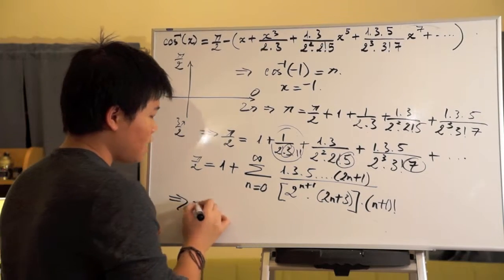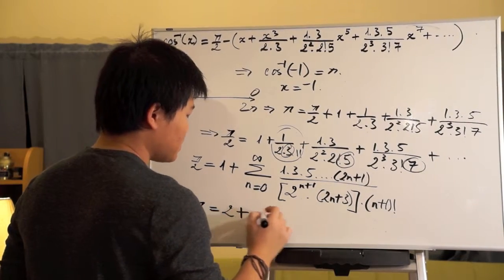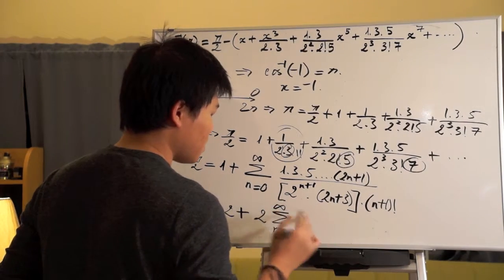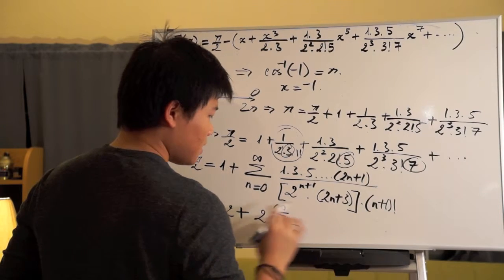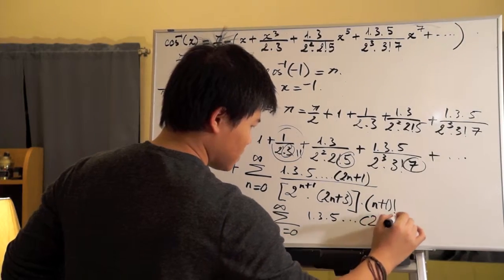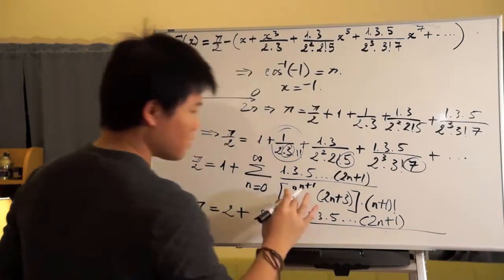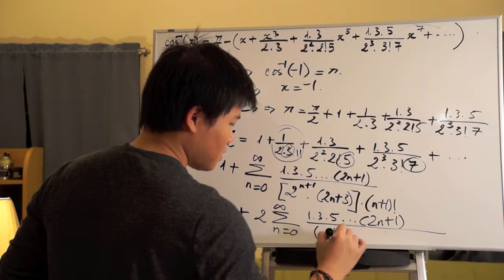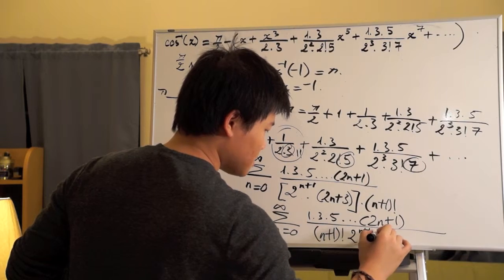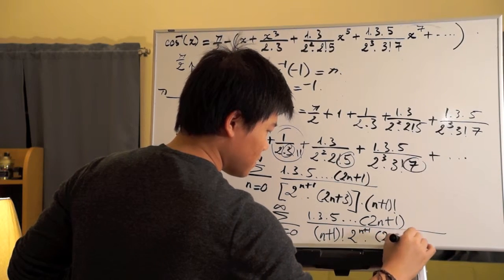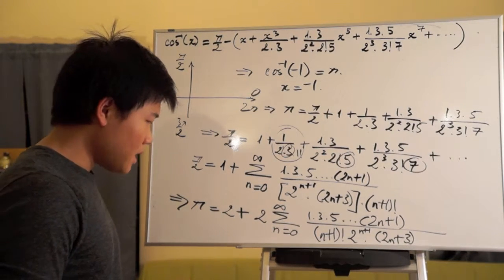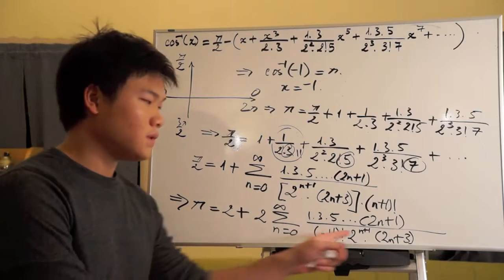Therefore we have pi equal to 2 plus 2 times the sum from n equal 0 to infinity of 1 times 3 times 5 times up to 2n plus 1, over n plus 1 factorial times (2n plus 1) times (2n plus 3). Okay? So here we have the estimation of pi, which is this series.